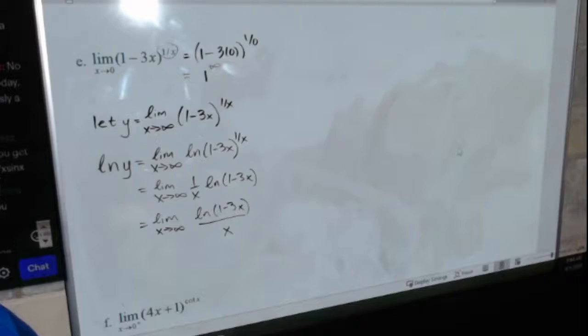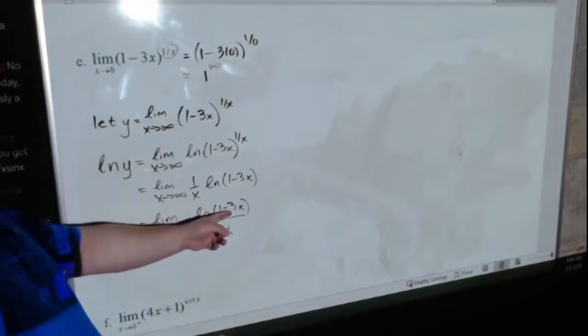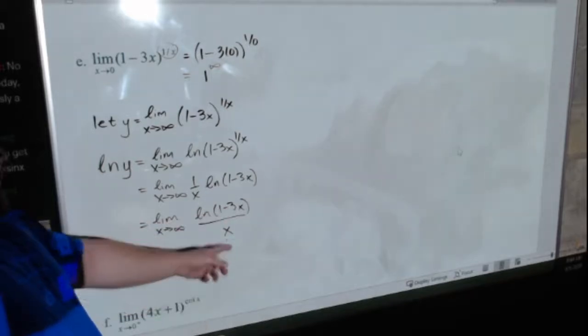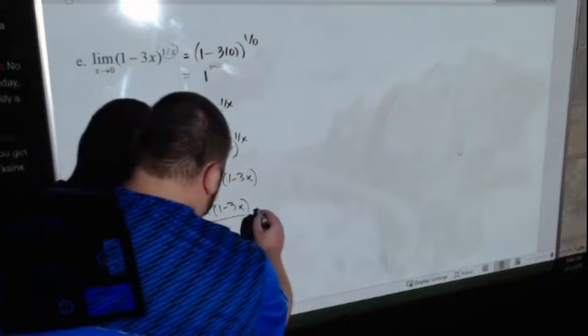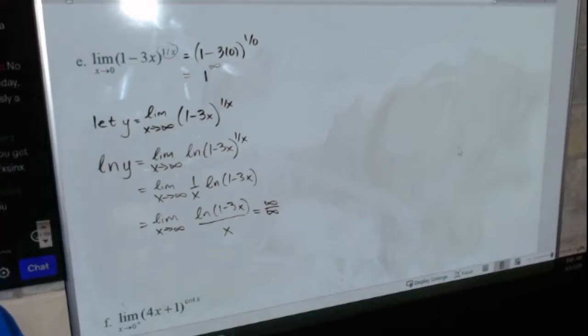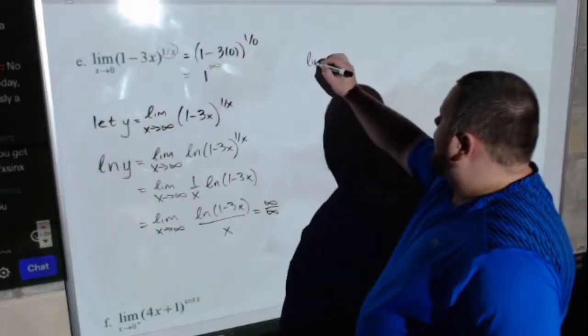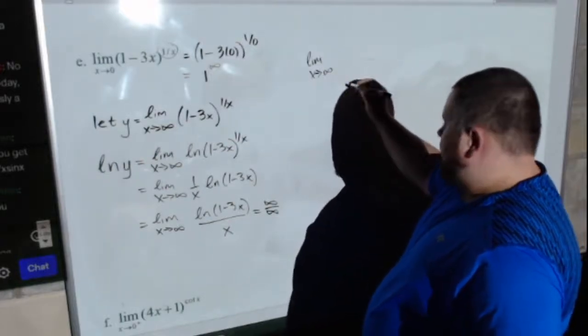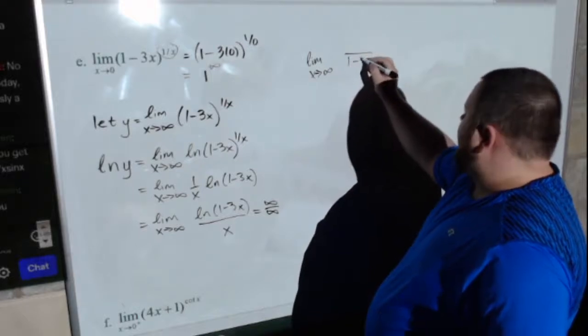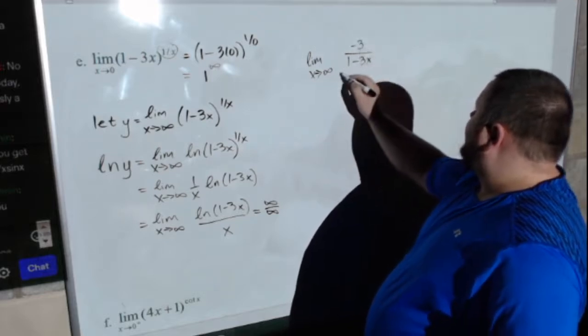So when I do that, plugging infinity in, natural log of infinity is infinity divided by infinity. So I've successfully gotten it in a form that tells me I can use L'Hopital's rule. So I just need to differentiate top and bottom. The derivative of natural log is 1 over the inside, times the derivative of the inside, so that's minus 3.